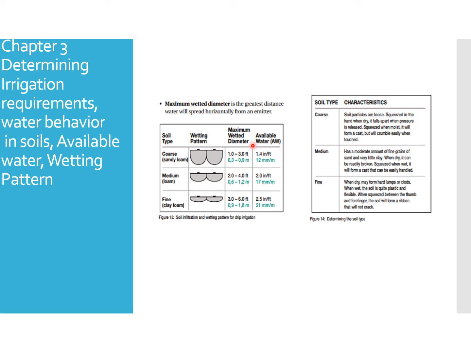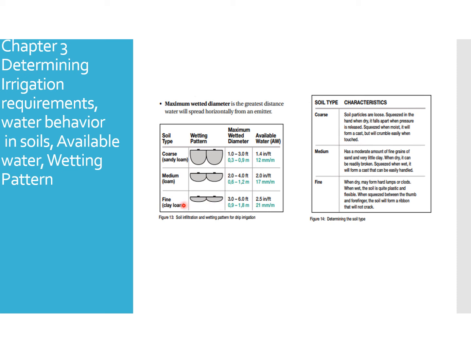Okay, so then as we go down through medium loam soil, you'll see that it doesn't tend to go straight down. It does have a little bit of lateral movement. Its wetted diameter is from 2 to 4 feet, and its available water is 2 inches of water per foot of soil versus 1.4 for coarse soil. Then when you get to fine or clay loam soil, you'll see that there's not a whole lot of infiltration going on very quickly.